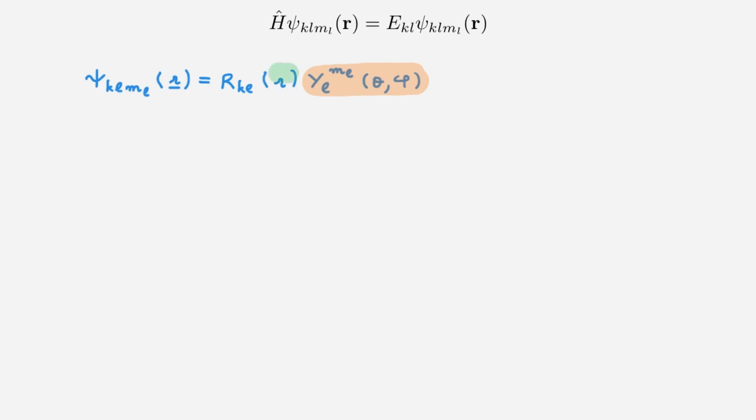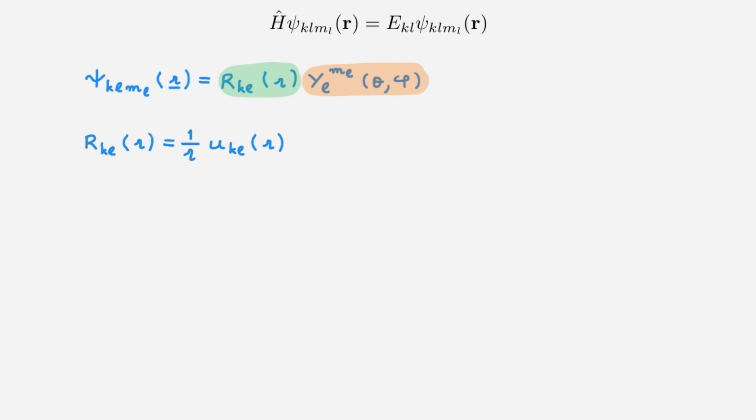The radial part here depends on the precise form of the radial potential and is labelled by the quantum numbers K and L. What we do in the companion mathematical video is to figure out this radial part of the eigenfunction, and doing so takes a rather large number of steps. First, we define a new function u, which is related to the original radial function by this equation.